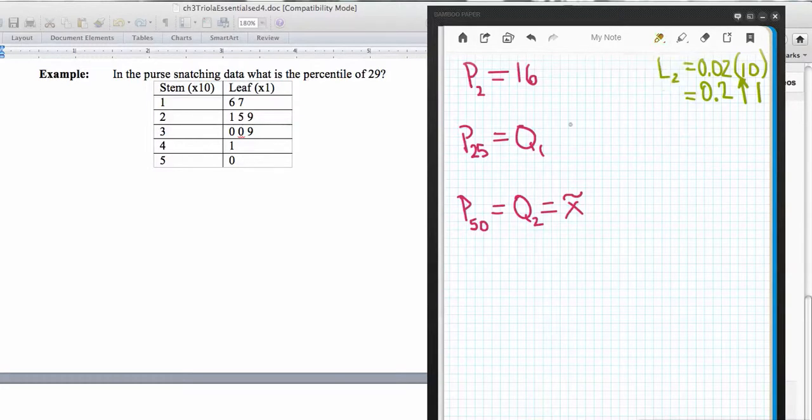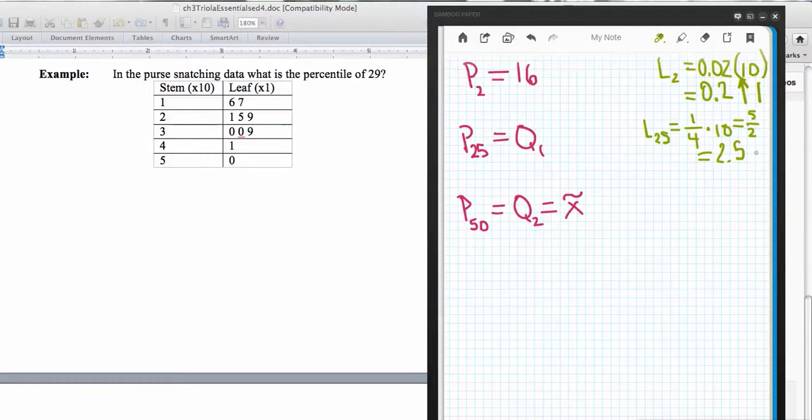Now let's go ahead and do this again for our P25, which is our first quartile. So my P25 is L25, and that's going to be a quarter, or 25%, right? A quarter of 10. And so a quarter of 10 gives me a fraction again, right? So we have 5 halves, or 2 and a half. 2 goes into 5 2 times with 1 left over, and a half, so 2.5.